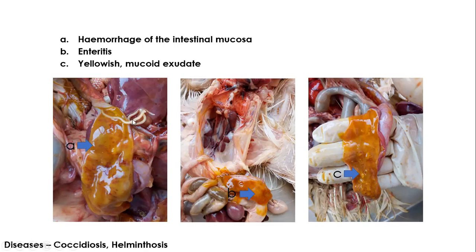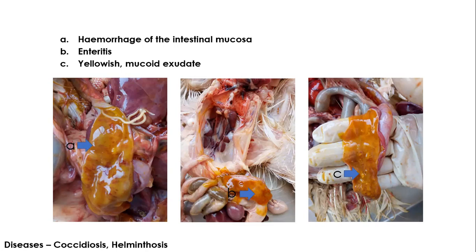I don't know if you can see my cursor, but you can see a live worm here, which is still alive, just coming out. And if you look at the intestinal wall, you can see hemorrhage in the background of the mucosa.